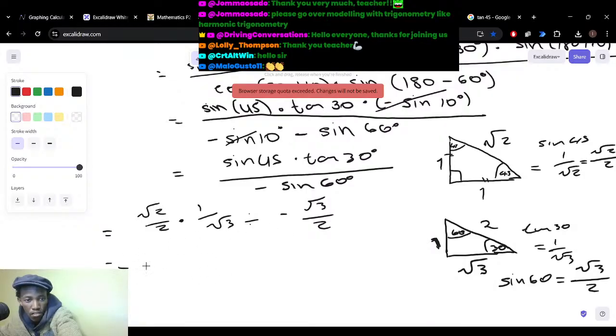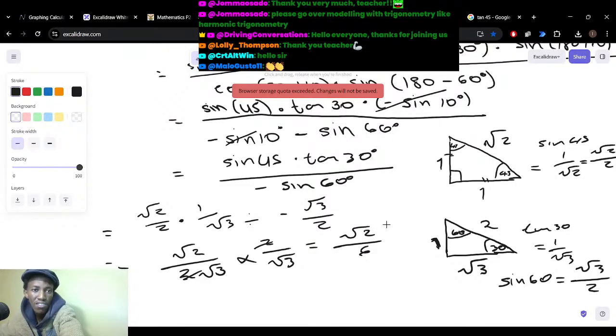This equals to multiplied by 2 square root 2, so this cancels this, and then we have the following. So this is not our answer.